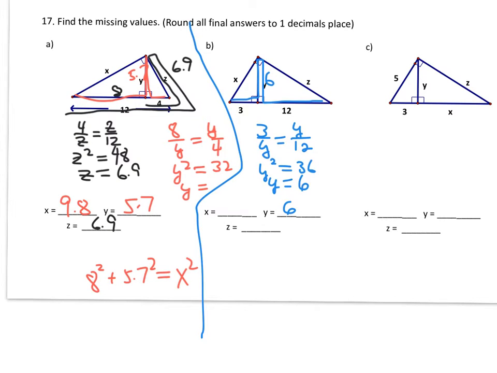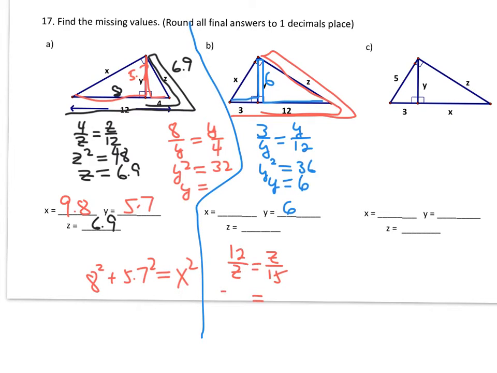Then we could use the Pythagorean theorem twice to find both x and z. Alternately, I could say medium is to long as medium is to long. So setting up that proportion, I would say 12 is to z as z is to that whole long side, which is 15.